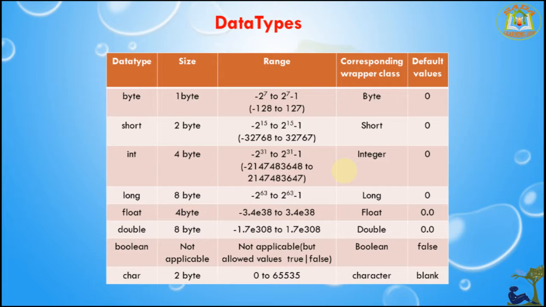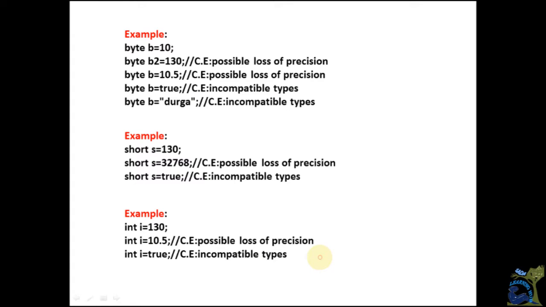I can show you an example. See here, byte b is equal to 10 and byte b2 is equal to 130. If you declare byte b2 is equal to 130, the Java compiler gives an error, possible loss of precision. Why? Because byte maximum value is 127 only.